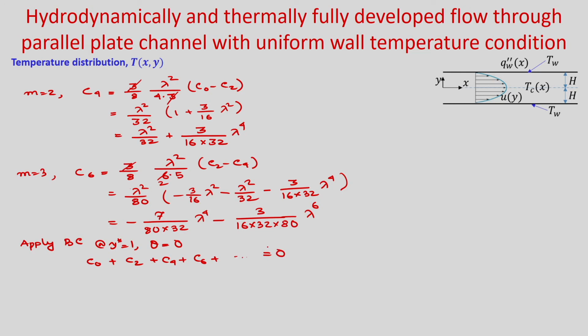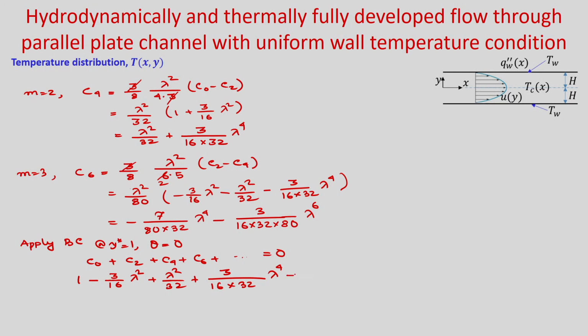Now, we will consider only the first 3 coefficients, other terms we will neglect. So C naught is 1. What is C 2? C 2 is 3 by 16 lambda square. C 4 is lambda square by 32 plus 3 by 16 into 32 lambda to the power 4, then plus C 6.